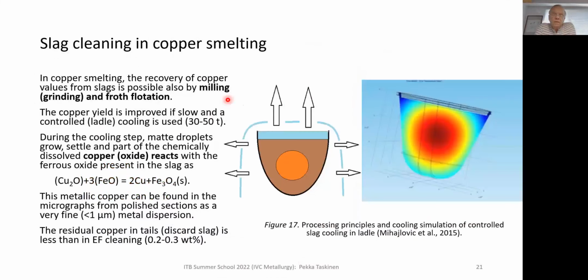And this milling and flotation actually is possible in the copper industry only because of a kind of reaction which takes place during slag cooling.